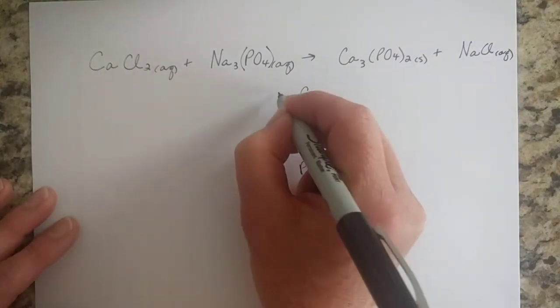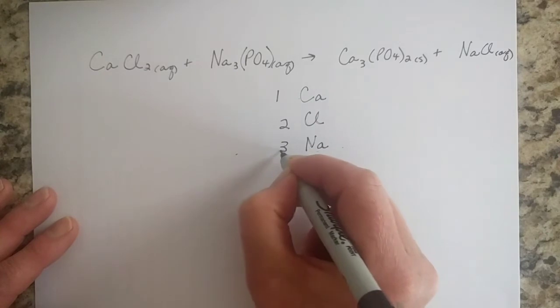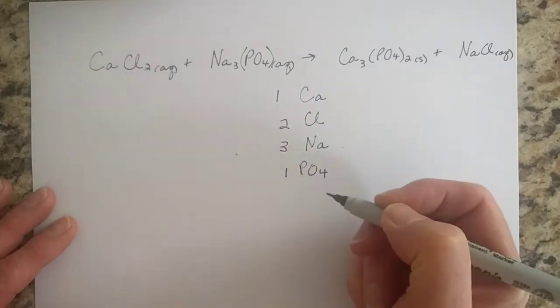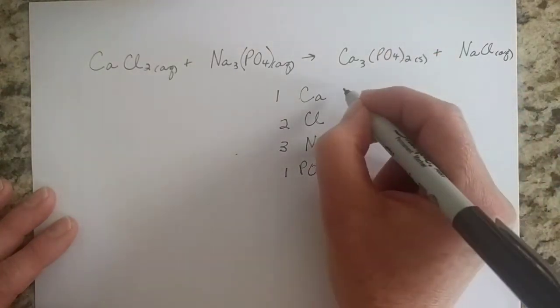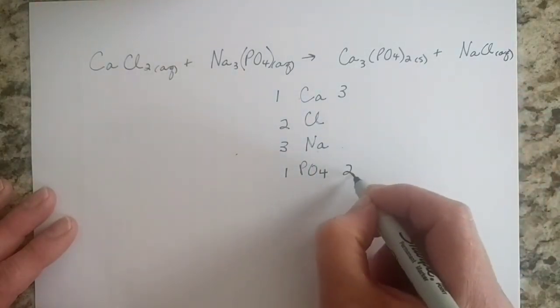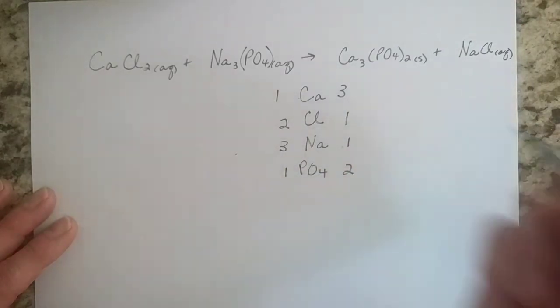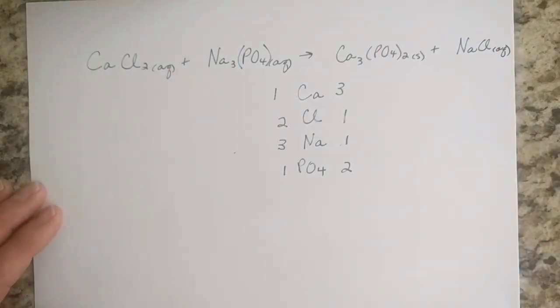All right, so now we do our count. On the left, we have 1 calcium, 2 chlorine, 3 sodium, and 1 PO4 group. On the right, we have 3 calcium, and we have 2 PO4 groups, 1 sodium, and 1 chlorine.